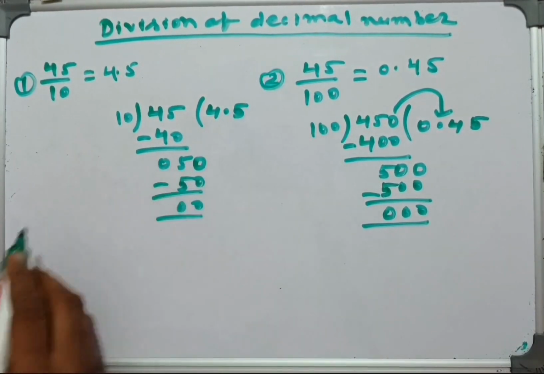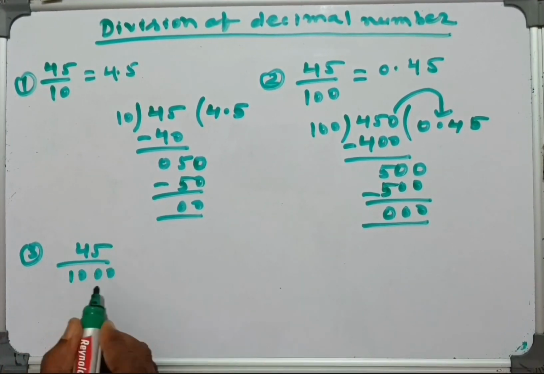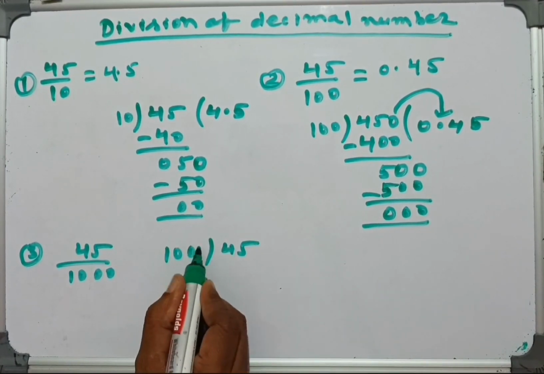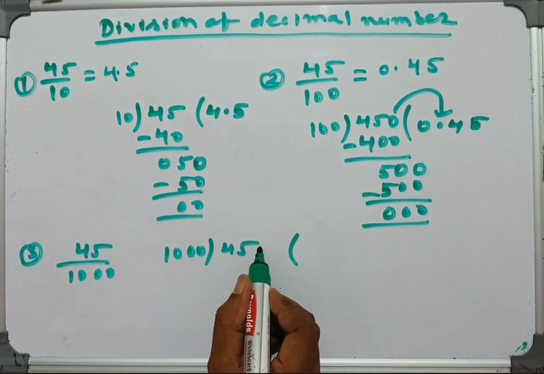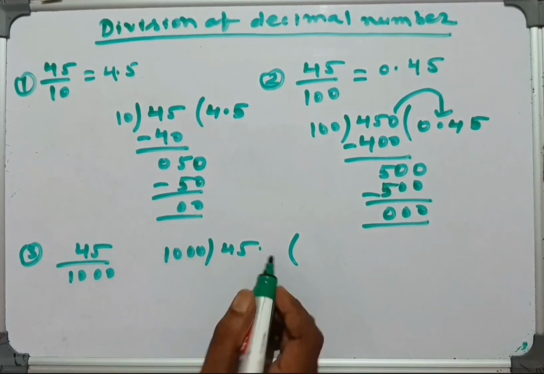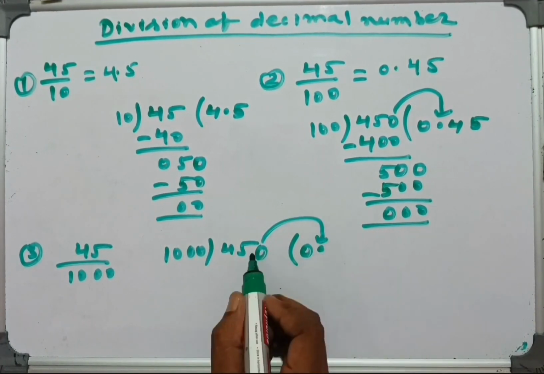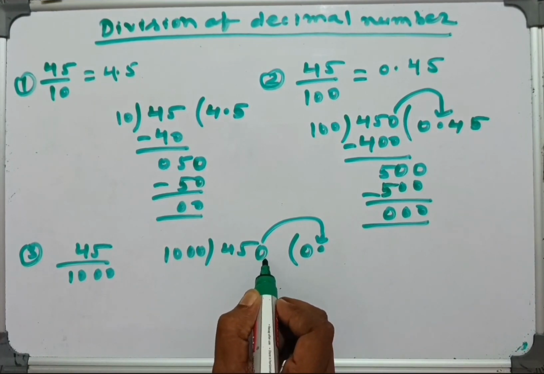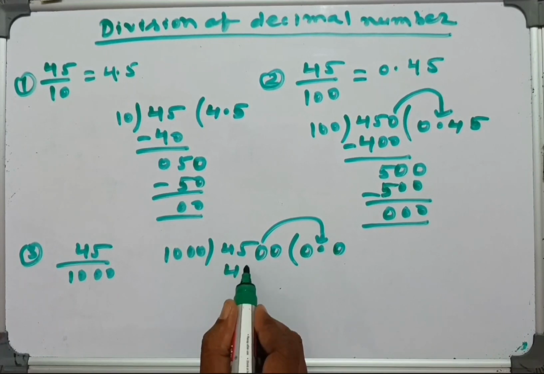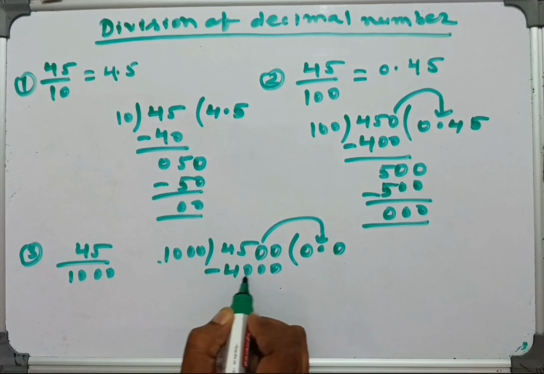This one is the second. This is the third one: 45 divided by 1000. Okay guys, so the solution will be 45 over 1000. Now see, 45 is less than 1000. Put 0, put a dot here. Now again this 450 is less than 1000. Put 0. Now this becomes 4000. How have I written 4000?